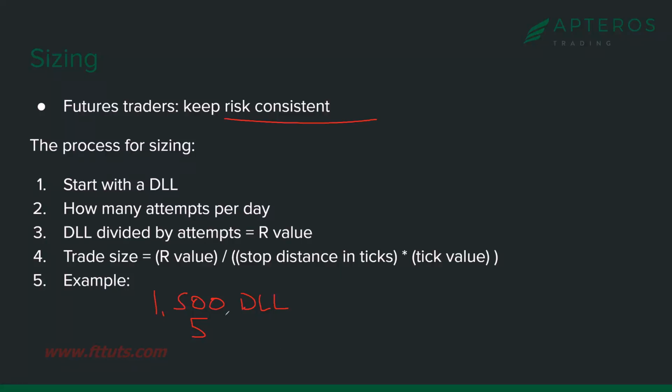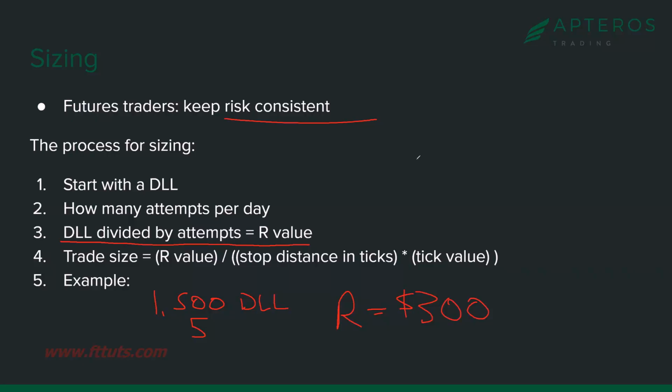So what do we need to risk? Daily loss limit divided by the attempts. Our R value is going to equal $300. $300 times 5 attempts is the $1,500 max loss for the day. We want to risk $300 to find out if a trade's going to work or not.